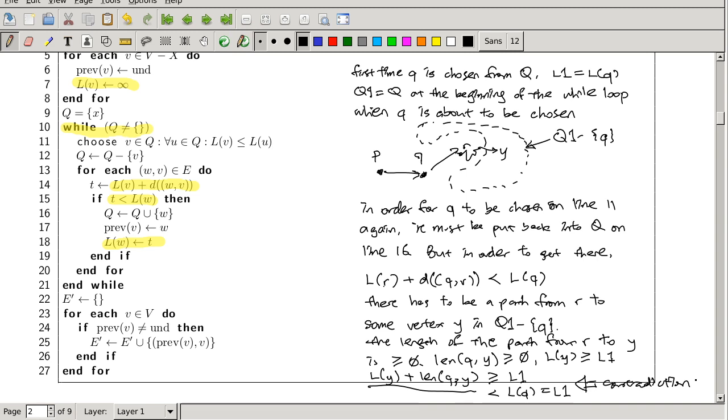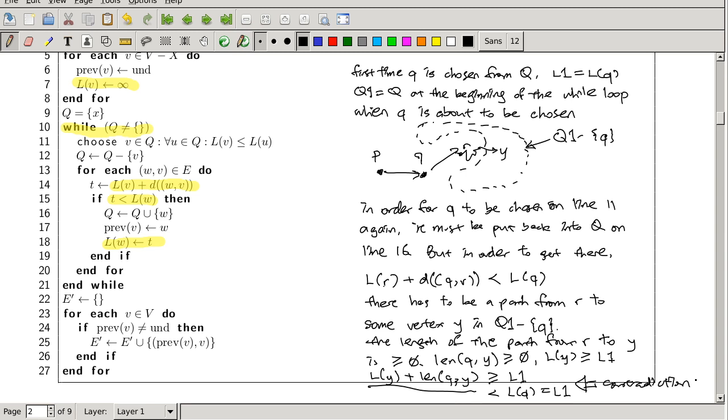The contradiction is happening because we negated the theorem. The theorem basically says an edge cannot be revisited in Dijkstra's algorithm. So when we negate the theorem, it is then saying that an edge can be revisited in Dijkstra's algorithm.